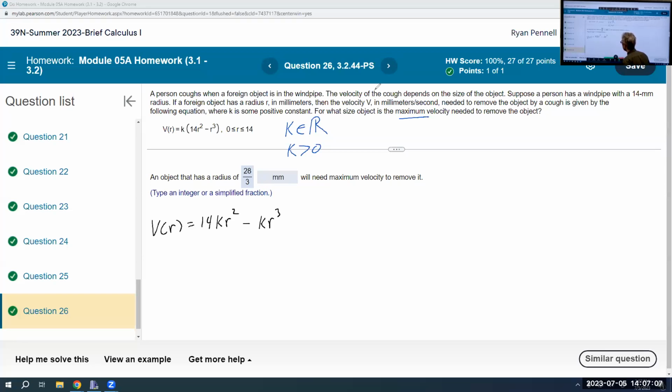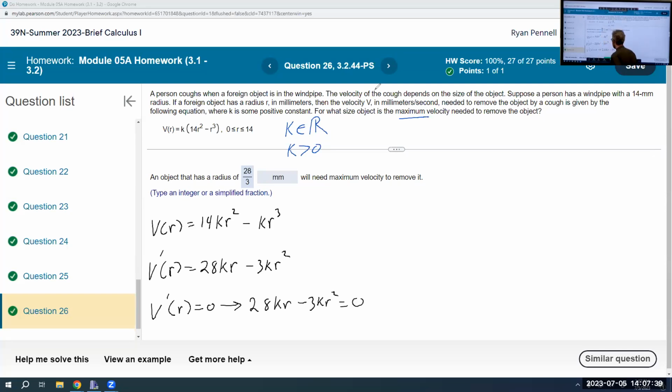All right, I bring down the 2, so v prime of r is 28kr minus 3kr squared. That's the derivative. If I set this equal to 0, then I should be able to solve for r. v prime of r equals 0 gives me 28kr minus 3kr squared equals 0.